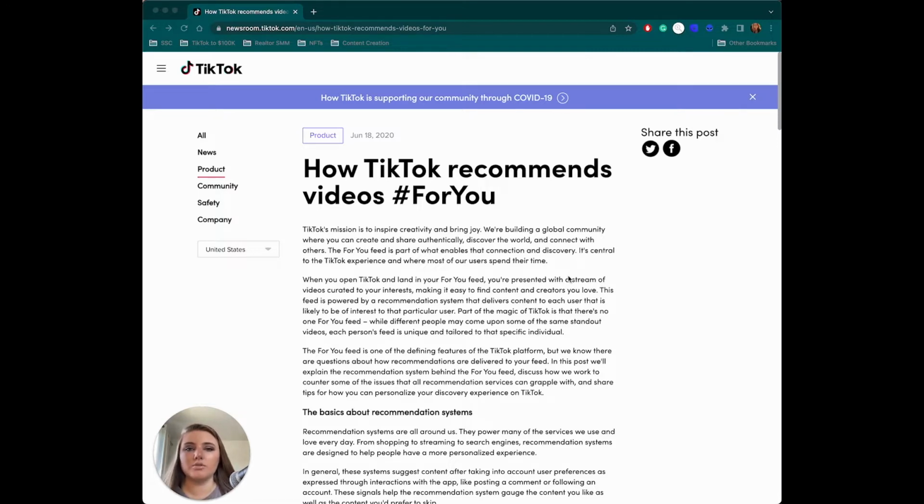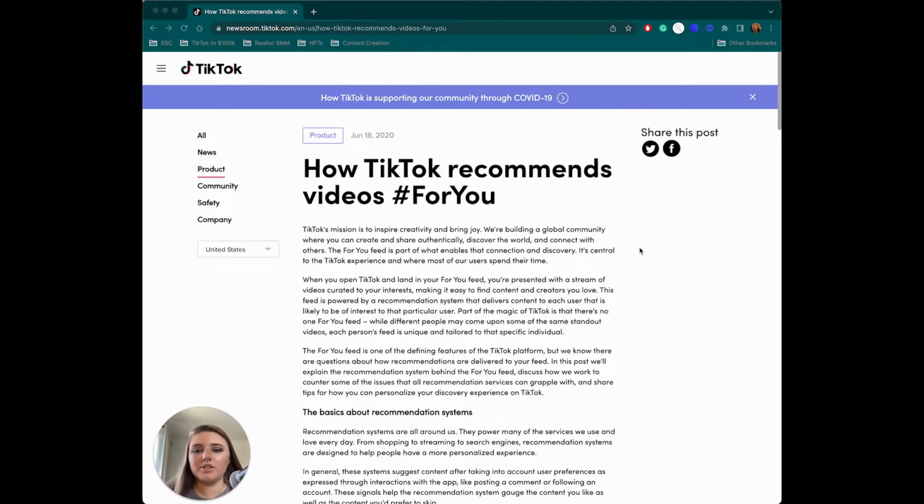If you're not a TikTok user, you might not be quite sure what that means. But basically it's a feed that shows the user a stream of videos curated to their interests. This feed is powered through a recommendation system that delivers content that each user is likely to be interested in. And no For You page is exactly the same. Everyone's For You page is customized directly for that user.